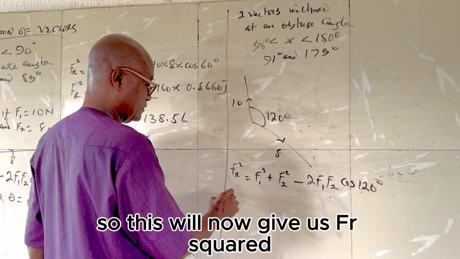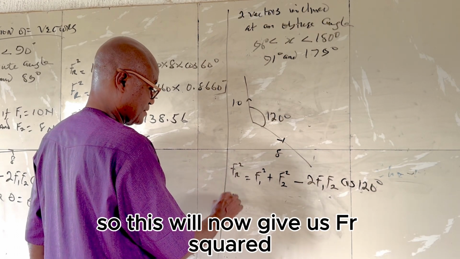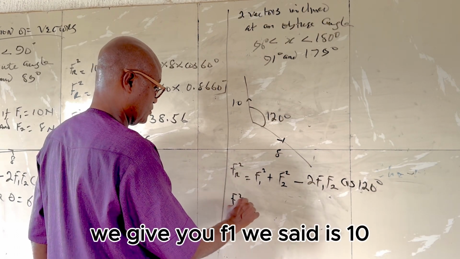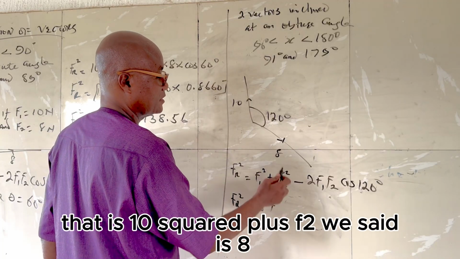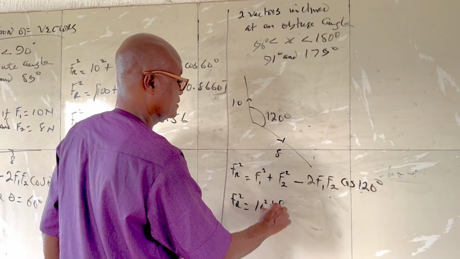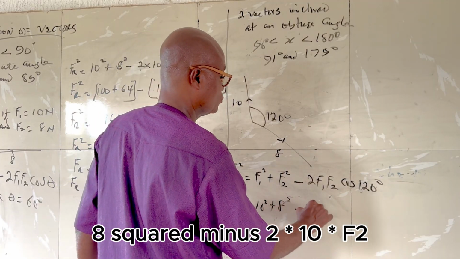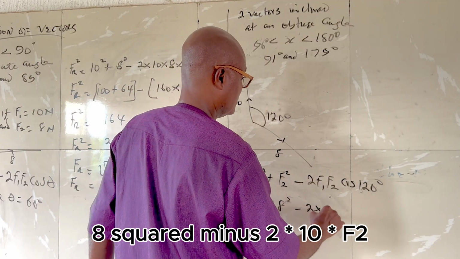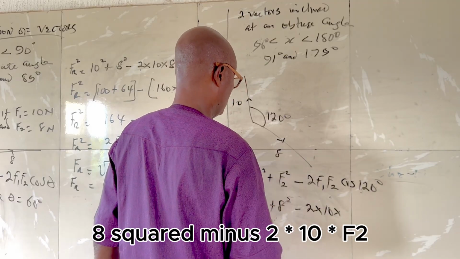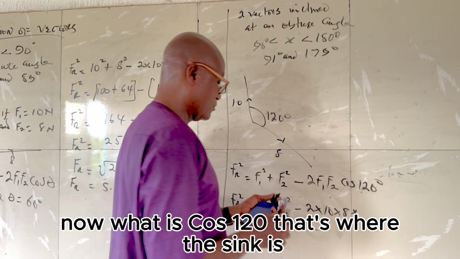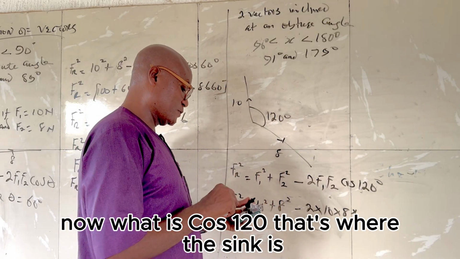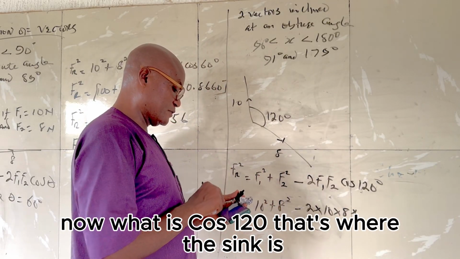So this will now give us fr squared. F1 we said is 10, that is 10 squared, plus f2 we said is 8 squared, minus 2 times 10 times 8 times, now what is cos 120? That's where the difference is.